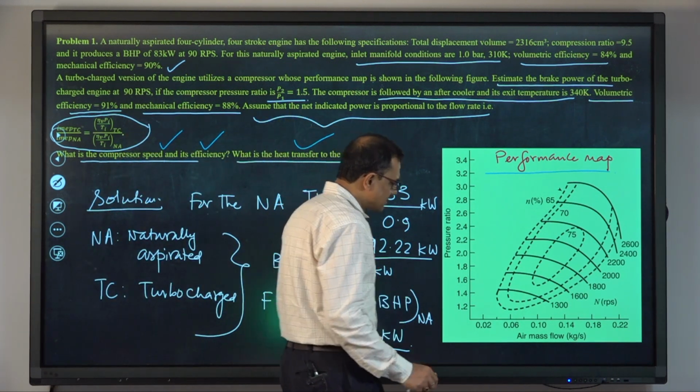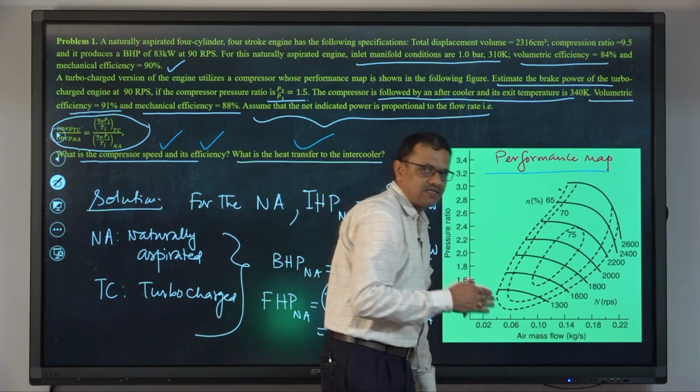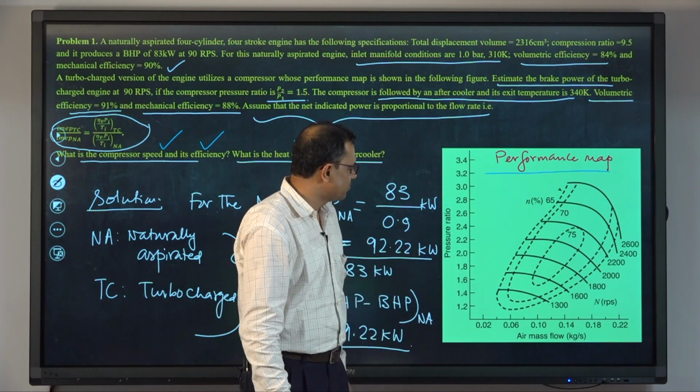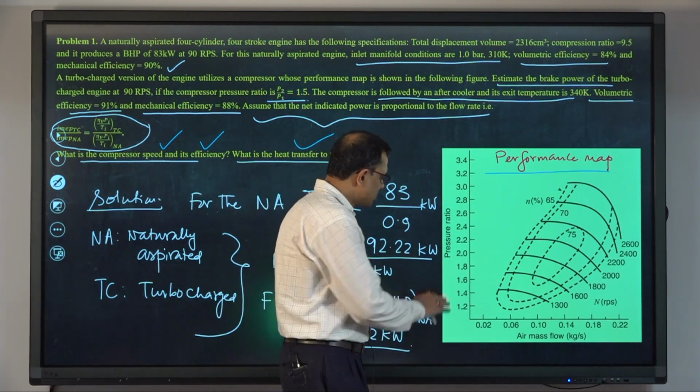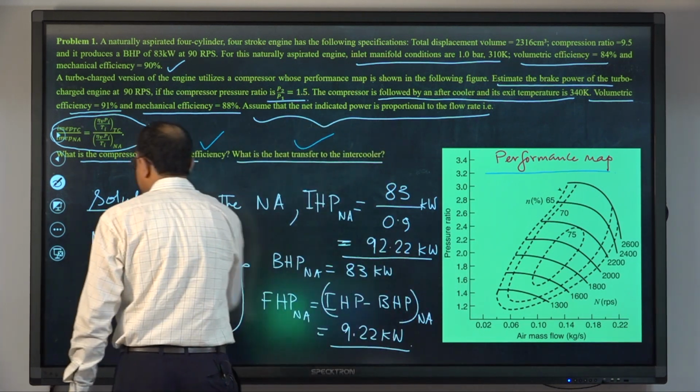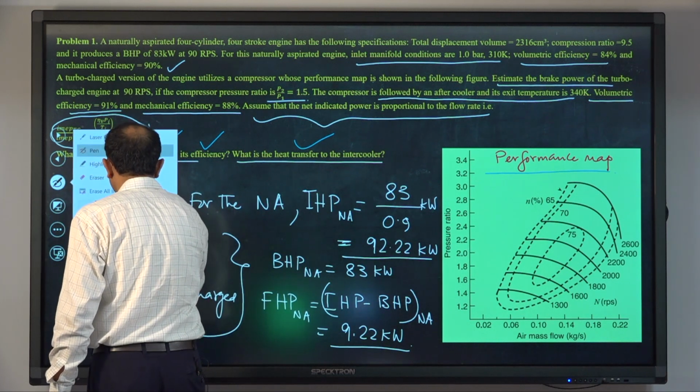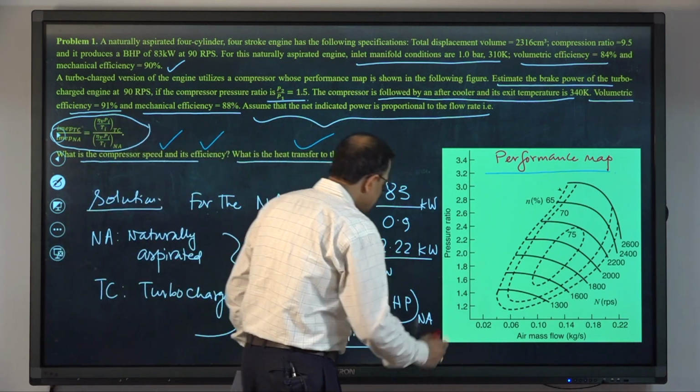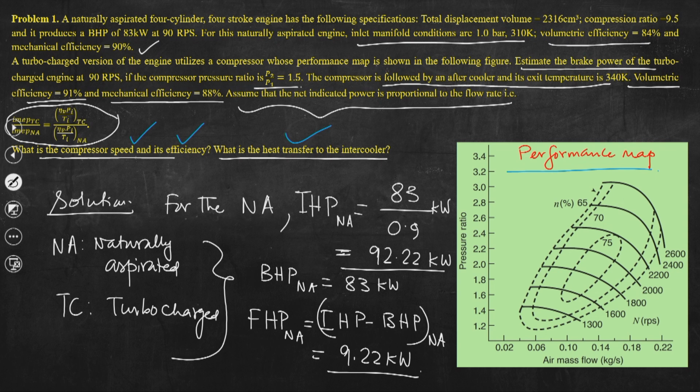By this time we know the mass flow rate that the compressor will handle, that is 0.145, and the pressure ratio 1.5. So, the pressure ratio is 1.5, that is this line, and the mass flow rate is 0.145, so it would be somewhere here.